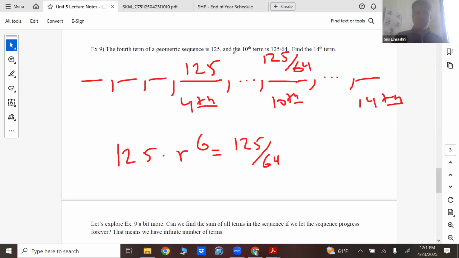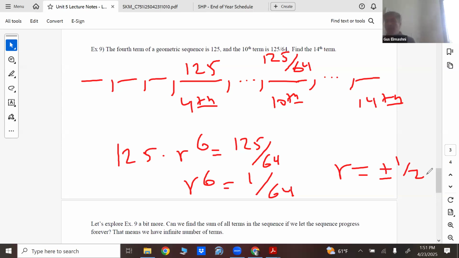So what does R to the 6th equal, guys? Make this true. And 64 is a perfect 6th root. Actually, we've got to be careful here. What's really the answer for this one? Is it 1/2? Could be positive or negative. Now it won't matter because we're looking for an even number term.